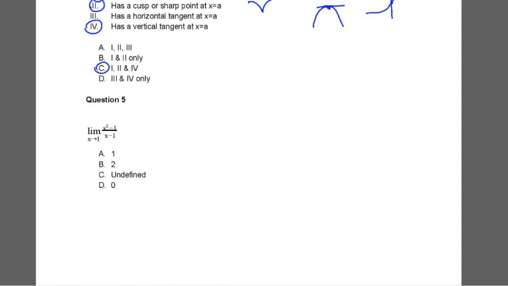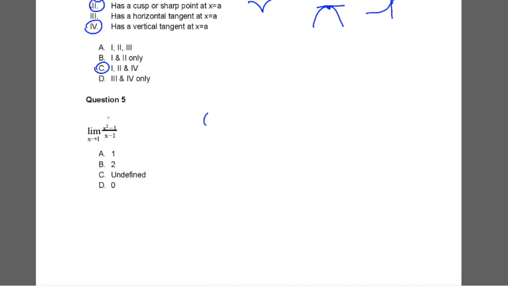The limit as x approaches 1 of x squared minus 1 on x minus 1. The key thing to remember here is that when we're taking the limit, it doesn't necessarily mean that we're just substituting in the value of 1. We are allowed to manipulate things so that we can see what the value is when we approach that number.